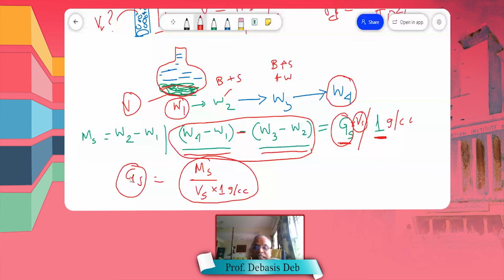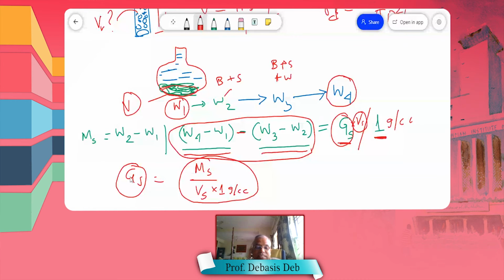What is the volume of that solid? Because that is what I am looking for. So now my Ms by Vs is what I am looking for, and that gives me Gs.